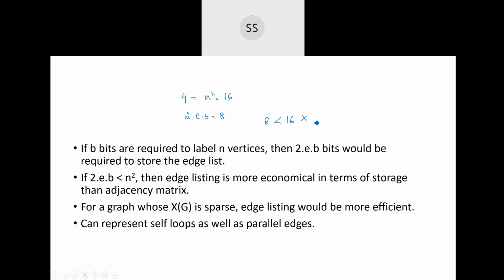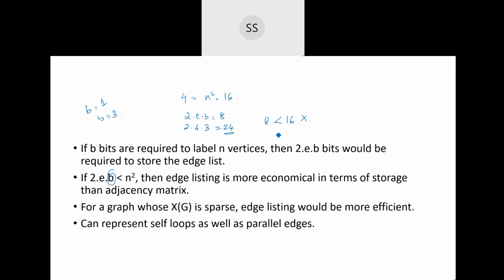But you can have graphs where the number of bits, the b value, is not 1. Instead of taking 1, had I taken it as say 3, where 3 bits are used here, the number of edges was 4, isn't it? And then 3. So that would have become 4 2s are 8, 8 3s are 24, isn't it?